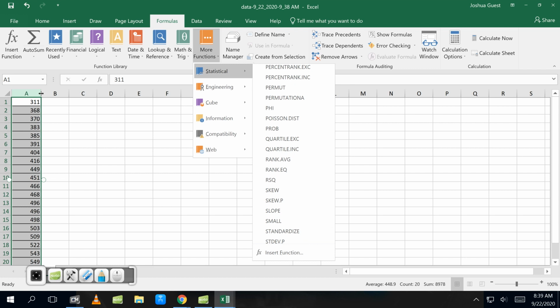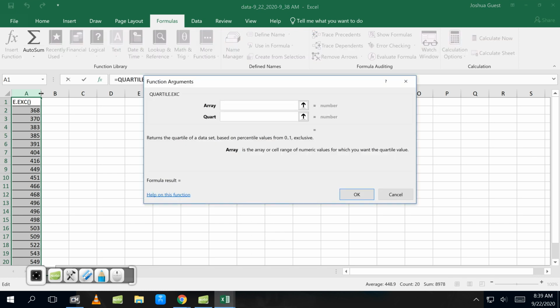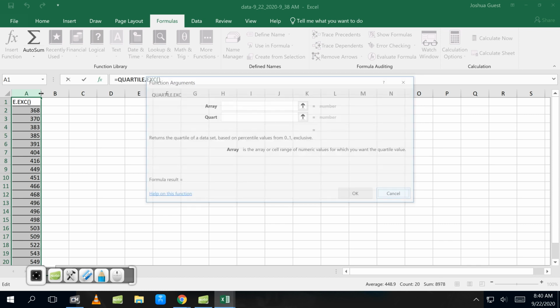I don't know what these things mean, EXC and INC. Let's try it and see. It returns the quartile based on the percentile. Array.